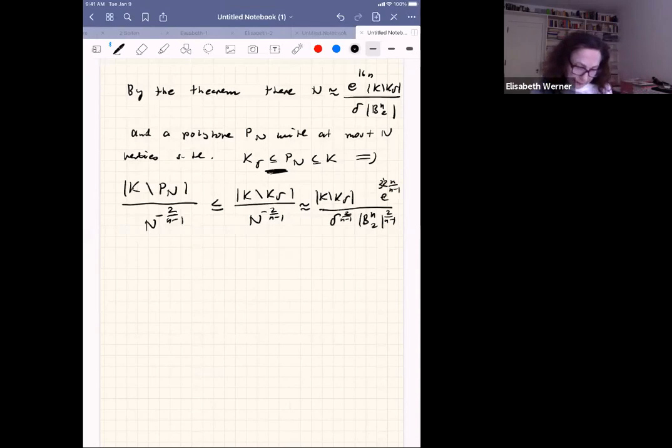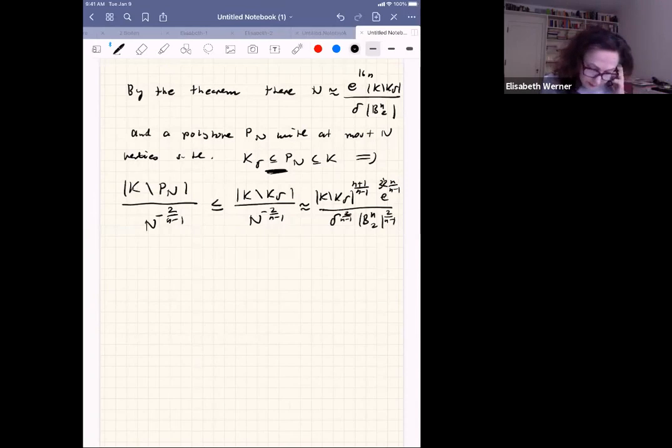And then we'll have another K minus K delta to the 2 over n minus 1, which gives us a total of the volume difference between the body and the floating body to the power n plus 1 over n minus 1.